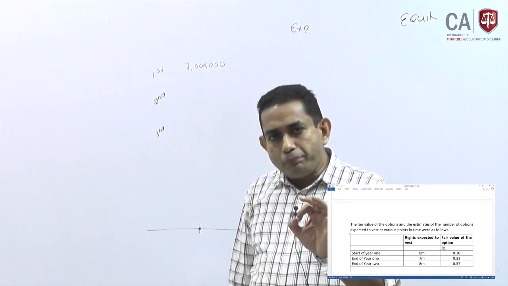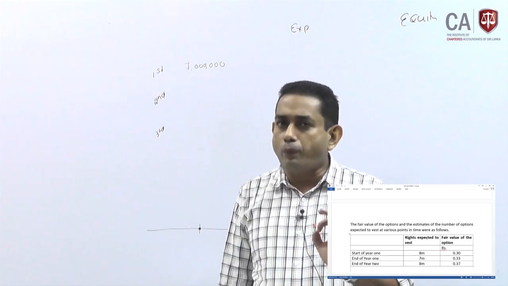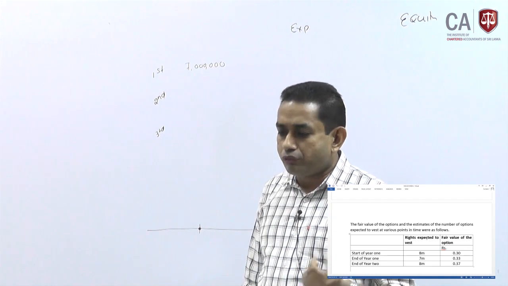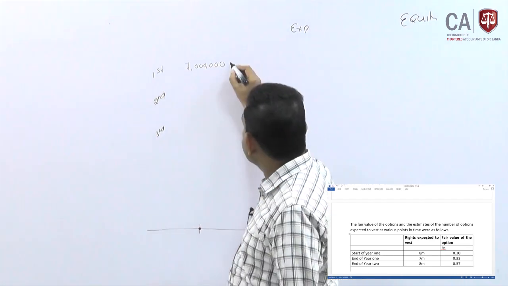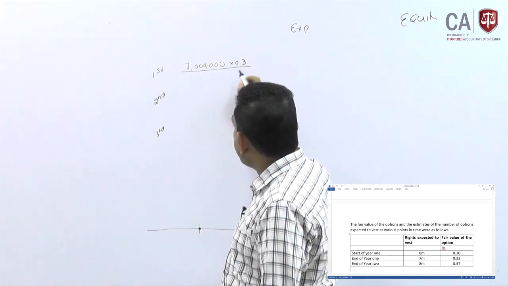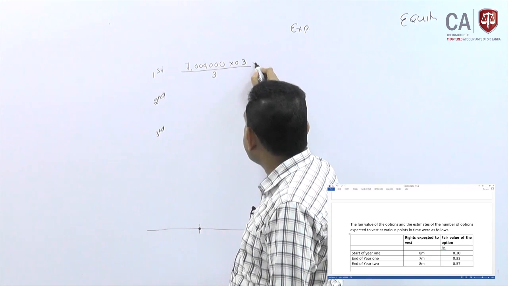And what is your measurement basis here? It has to be the fair value of an option on the granting date. The granting date is the start of year 1, and this is 0.3. This is supposed to be my total expenditure over 3 years, so you divide it by 3 into 1.